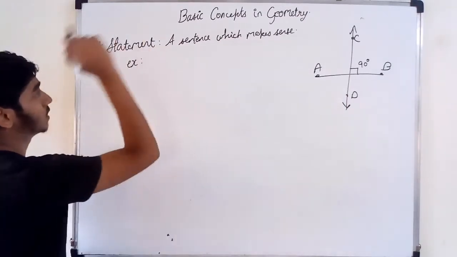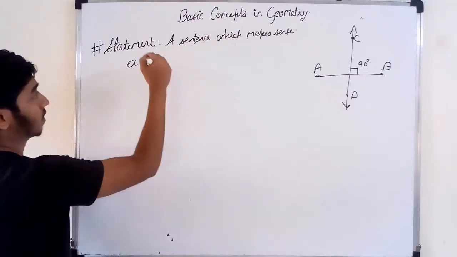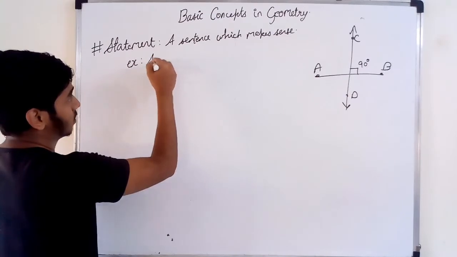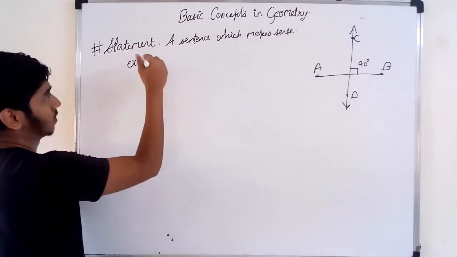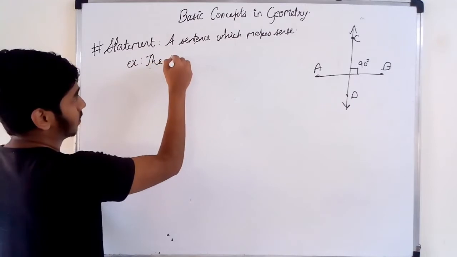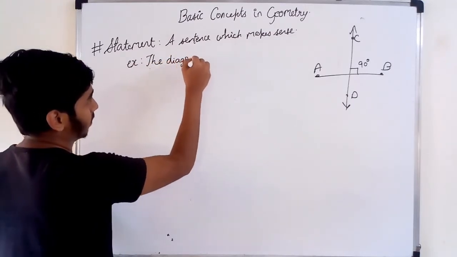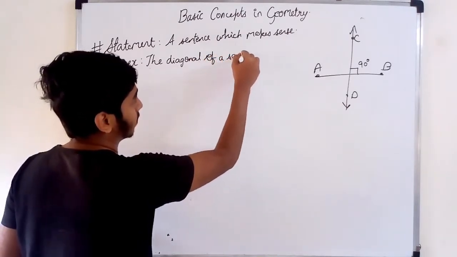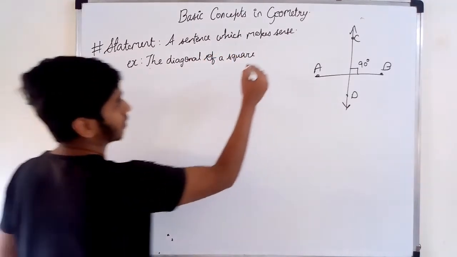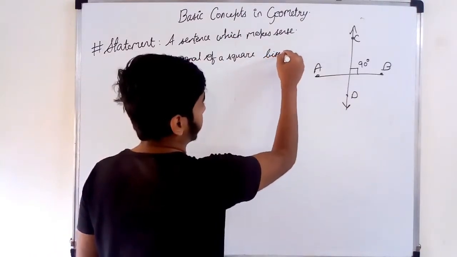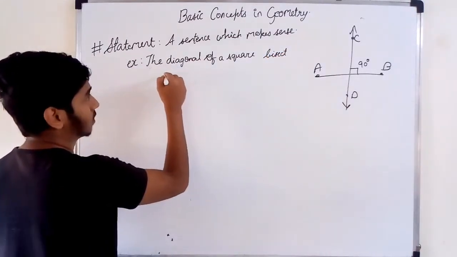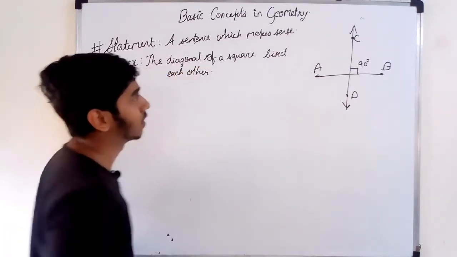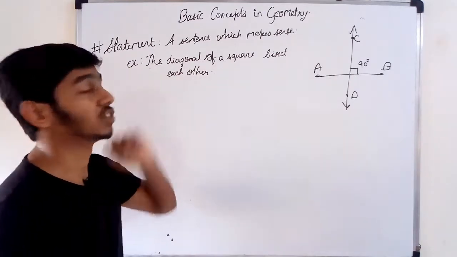Let's say, the diagonals of a square bisect each other.